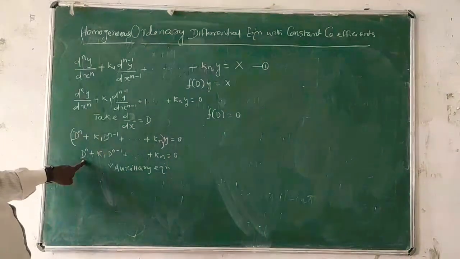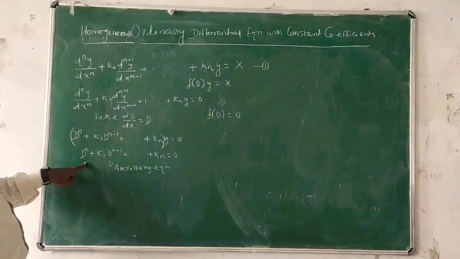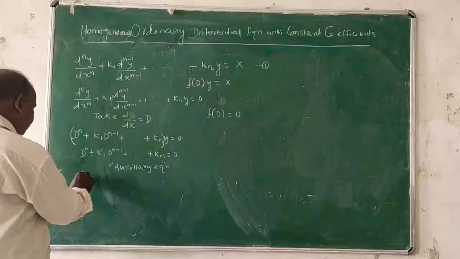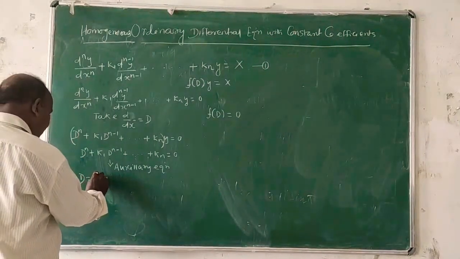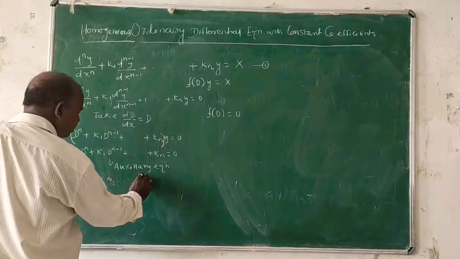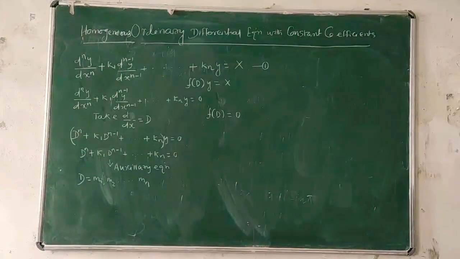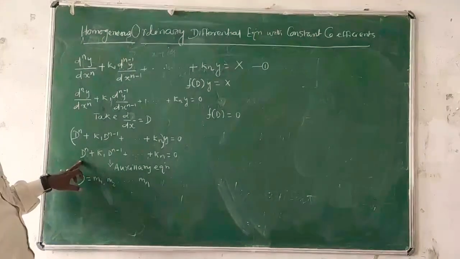This is the auxiliary equation that I have taken. After taking the auxiliary equation, you solve it. Suppose after solving, you get the values m1, m2 up to mn. These are the roots or the solutions of this auxiliary equation.